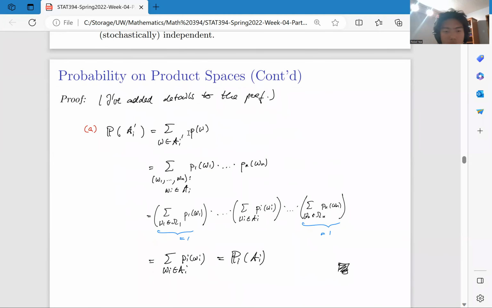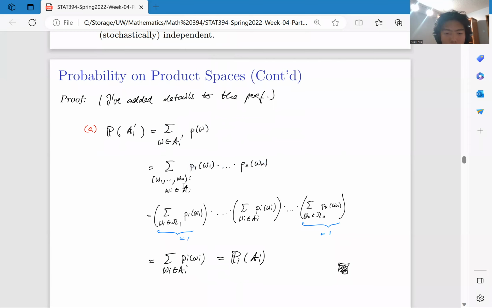And this is an example to illustrate this. P of A-tilde i is equal to the sum of all the possible cases that belong to A-tilde i, of P of W. This is the definition of how we find the probability. Because all of the Wi belong to Ai, we can multiply these terms out.